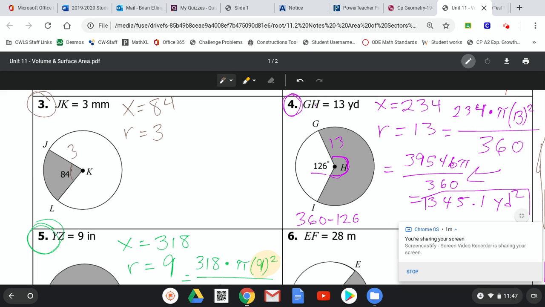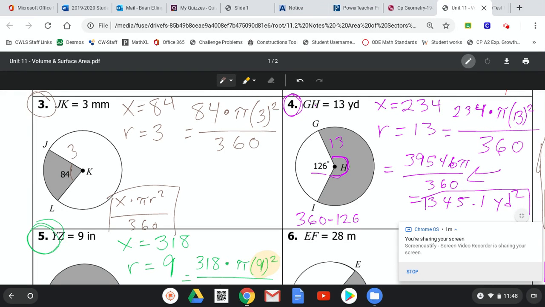We have x times pi r squared, so 84 times pi times our radius 3 squared divided by 360, okay? So that doesn't change. We still have the same formula, x times pi r squared divided by 360. That's our formula down here at the bottom.